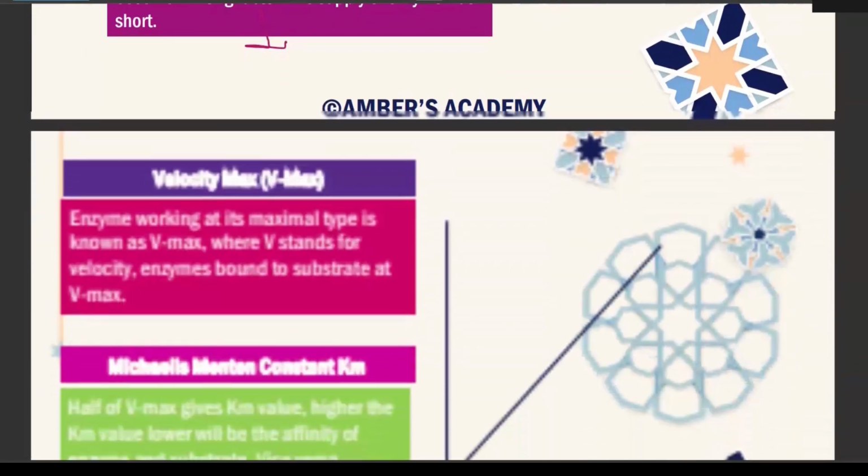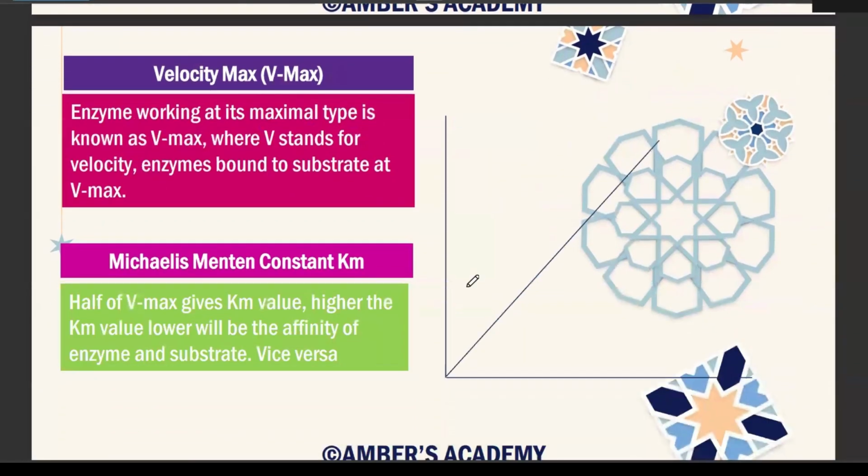Yes. Okay. All right. So this is now a very, very important thing that you need to understand, and this is something which is a part of your papers in all the years. Velocity max and Michaelis Menten constant Km values. So let's not go into this much detail that's given over here.